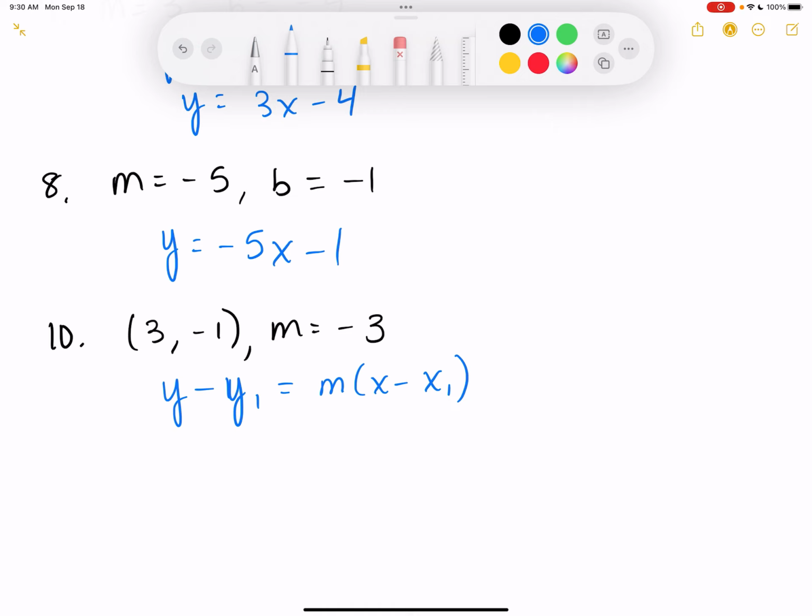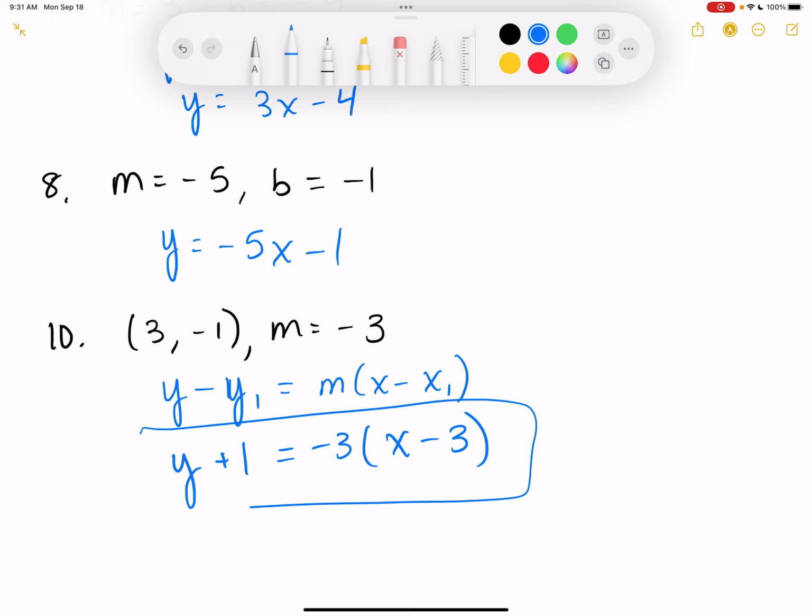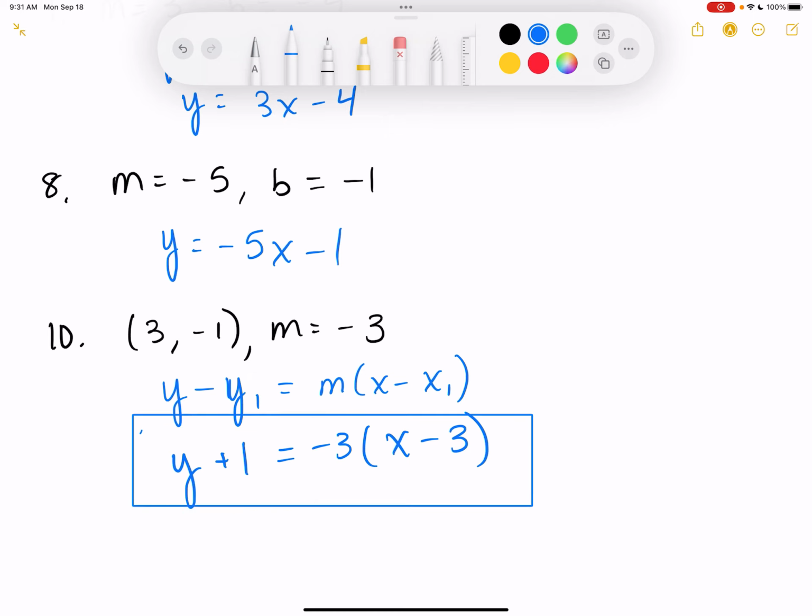So when we do this, the ones that have the ones on them are getting replaced. So y minus a negative, so it's going to be +1, is equal to -3 times x minus 3. So you can leave it here if you want in point slope form.